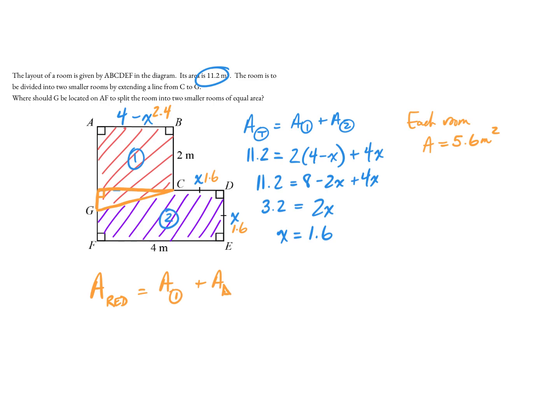So I know then that 5.6 is the actual area of the room. My area of box 1 is now 2.4 times 2.